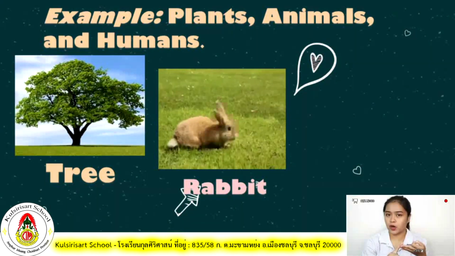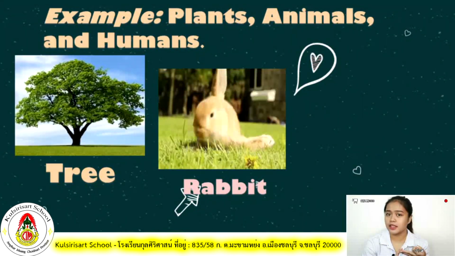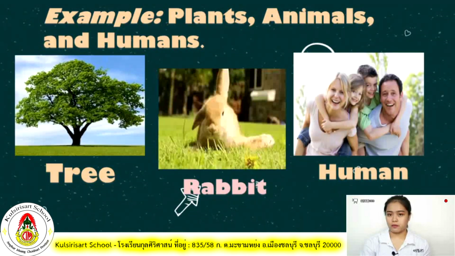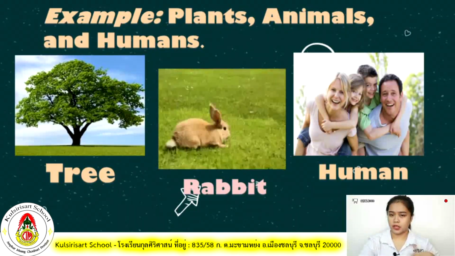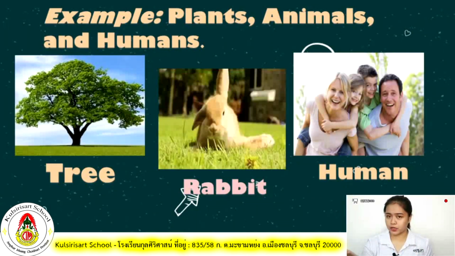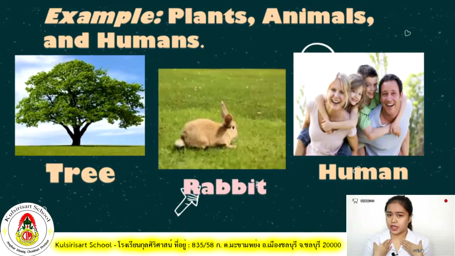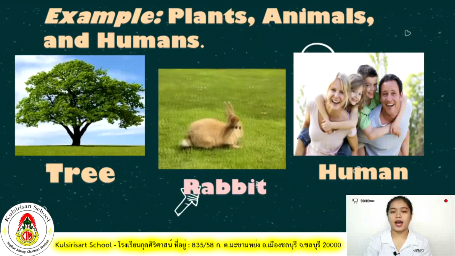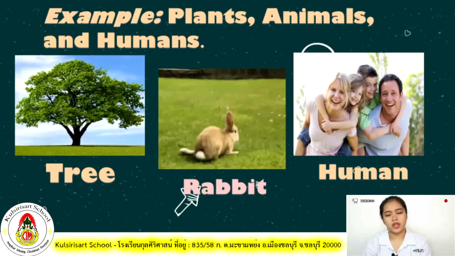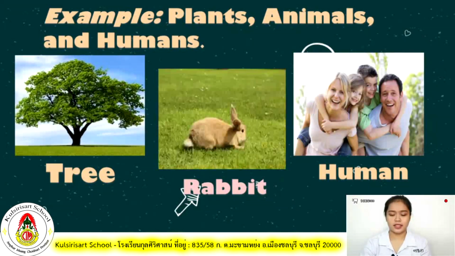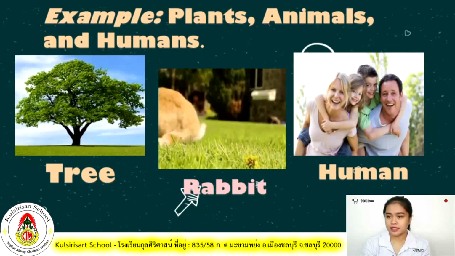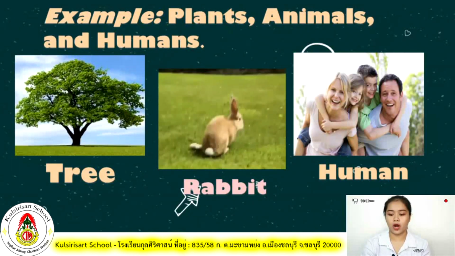Therefore, they are also considered living things. And for humans, we have yourself, your sister, your brother, me, your teacher, is a human. Therefore, we are all considered living things because a living thing is any organism that has life forms or is alive.